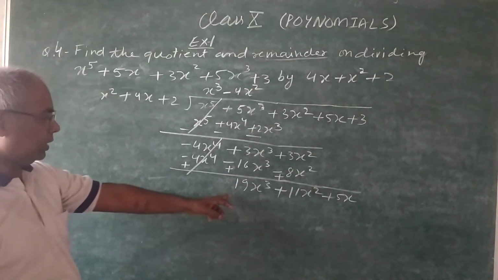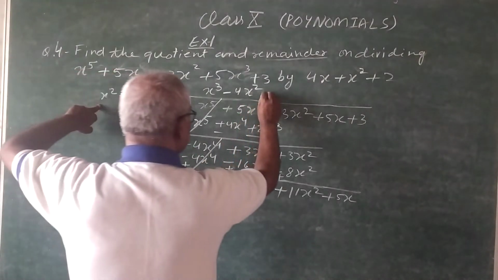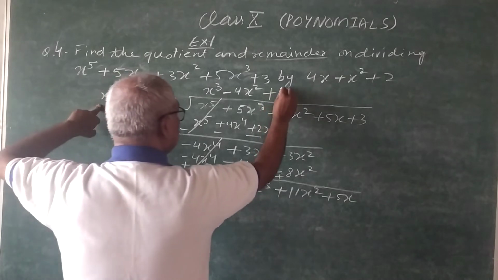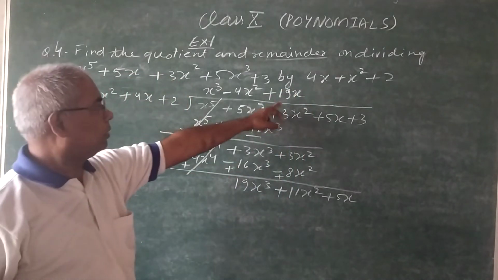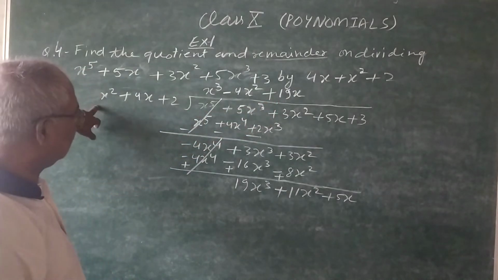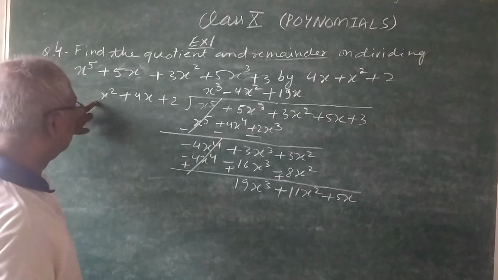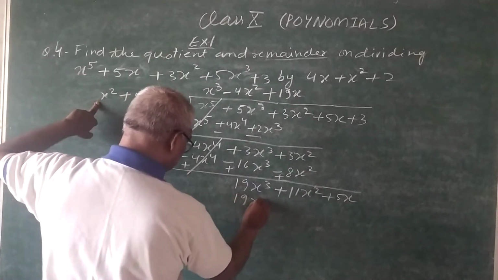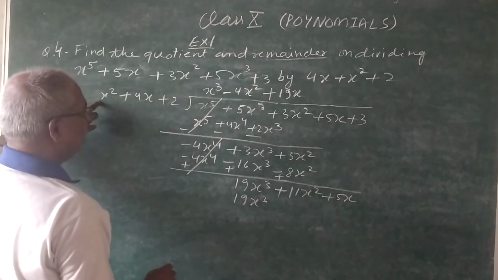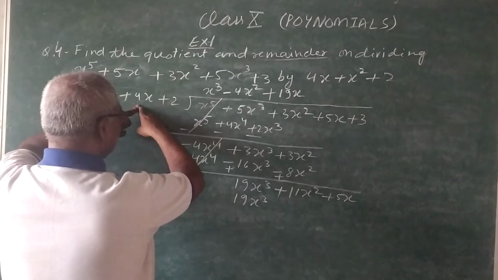Now this one is 19x cube and here is x square. So it takes plus 19 times of x. Now 19x multiplied to this whole polynomial. So 19x into x square, that is 19x cube, and this one is 19 multiplied by 4.